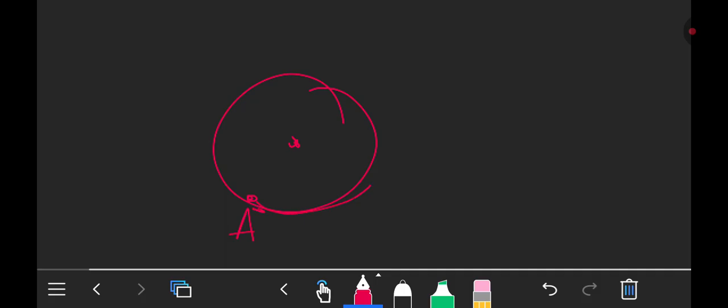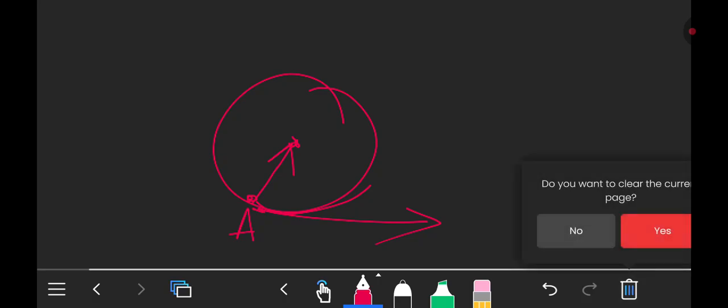The velocity at this point is in a straight direction, in the forward direction. But the acceleration is always acting towards the center. We need to understand that. It is very important.